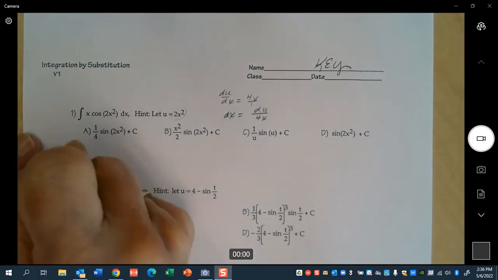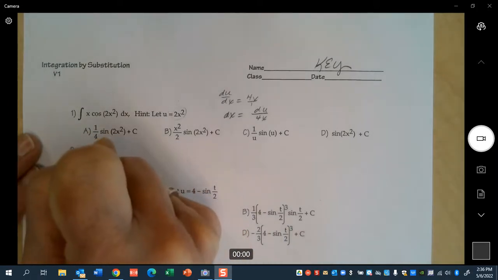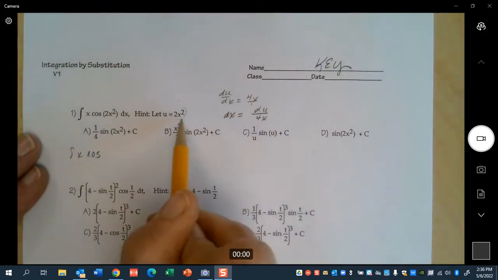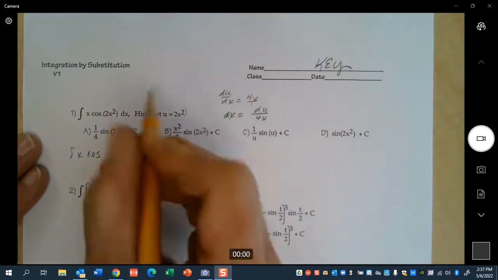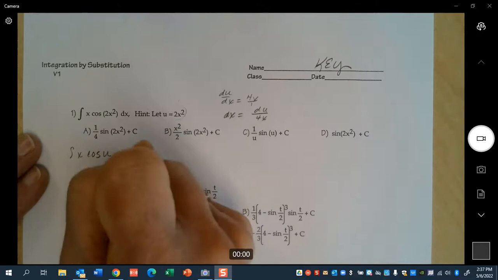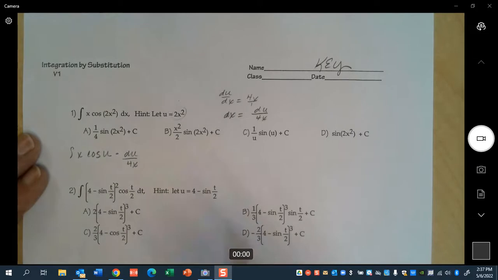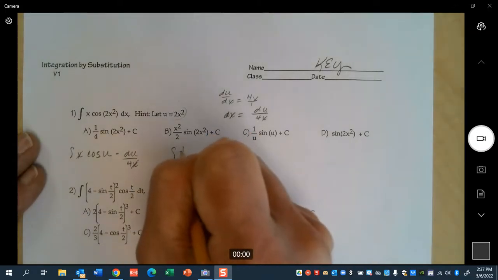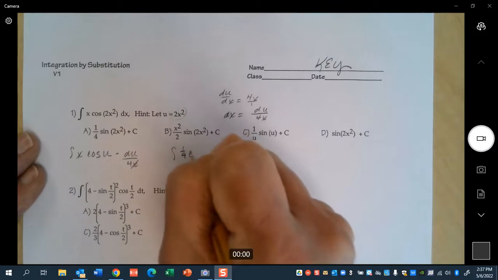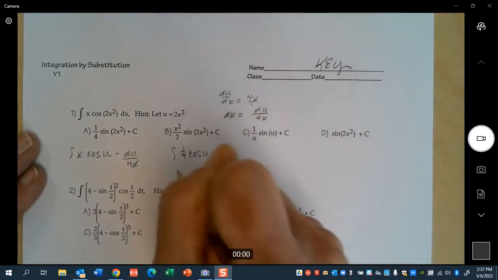So if I'm finding the integration of x times the cosine, and remember I let u equal 2x squared, so I'm going to the cosine of u times du over 4x. So see how that x and this x cancel out? So now I'm finding the integral of 1/4 of the cosine of u du.